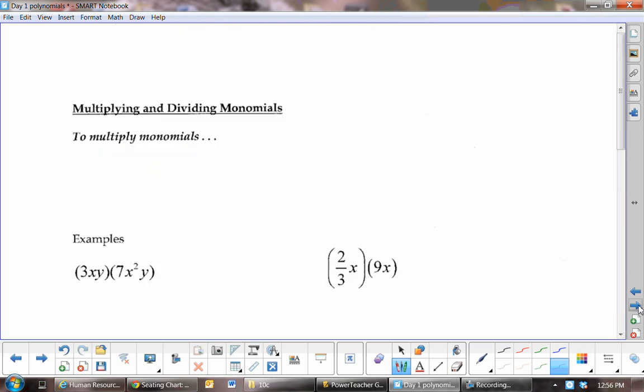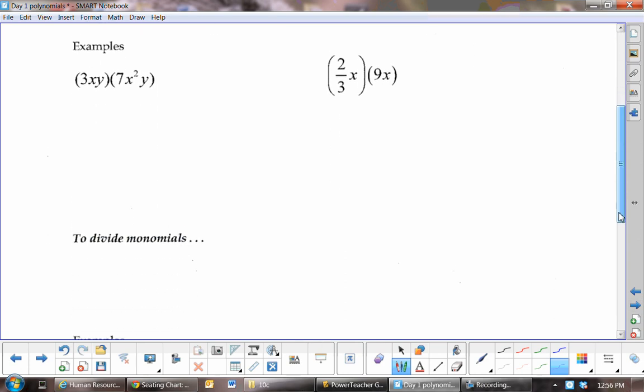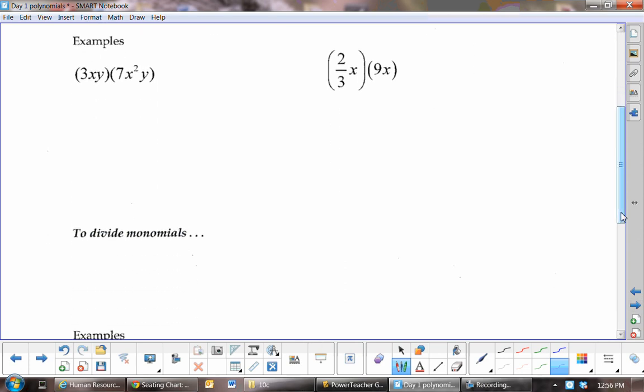Let's do multiplying monomials. Now, when you multiply monomials, which we have done already, you have to be very specific about what you do. The first thing we do is, no, that's not distribution actually.